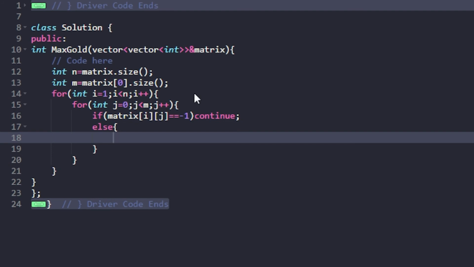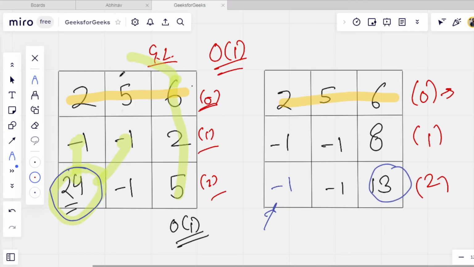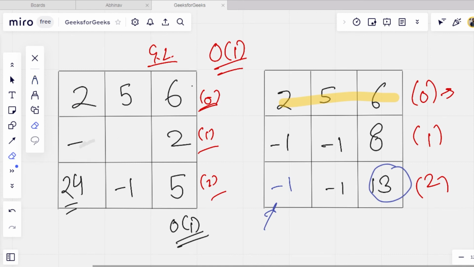Else, for example, if we are at a particular index, let's first change the values a little bit so that it will not be more confusing. This was the original array. So for example, we are at this particular index.